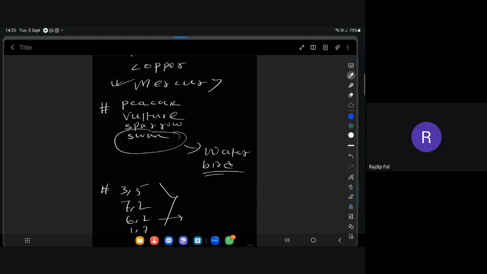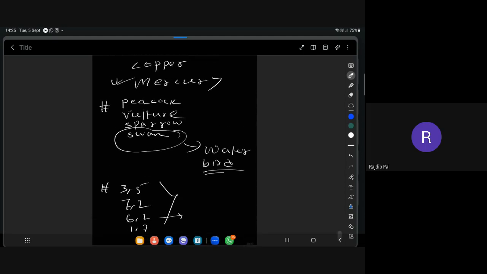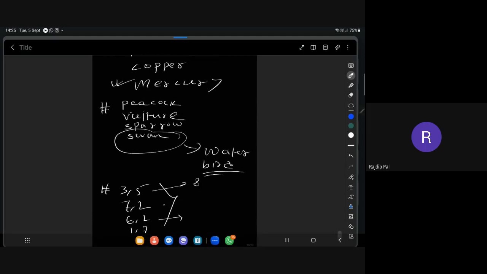There are some problems or numericals which will have multiple answers. See, in that case, what I was thinking: 3 plus 5 gives you 8, 7 plus 2 gives you 9, and the rest all give you 8. So this is the odd pair. This may be one answer.